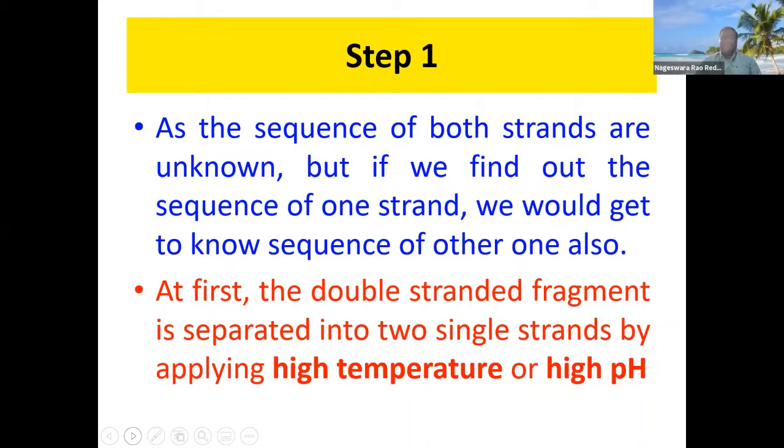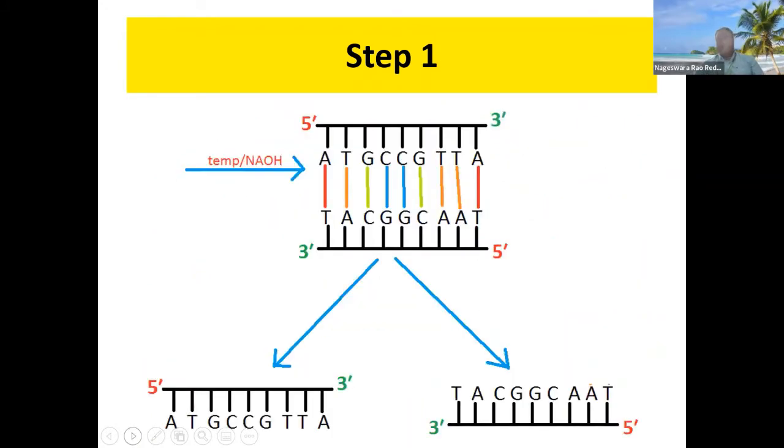So for that, what do we have to do? At first, the double-stranded fragment is separated into two single strands by applying high temperature or pH. We know that when DNA is subjected to high temperature or high pH, it gets denatured, isn't it? This is what we have learned about DNA when it is exposed to high temperatures or high pHs. This principle is applied.